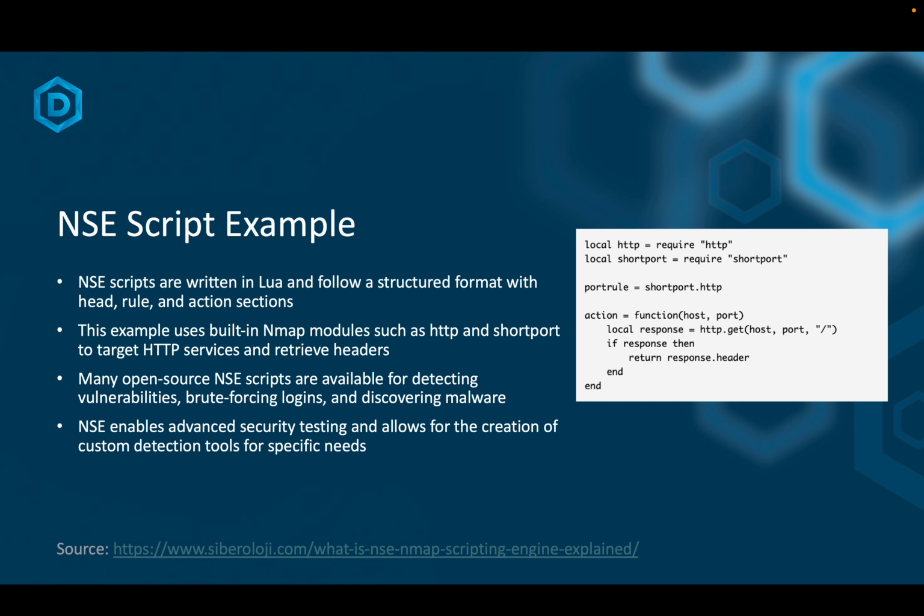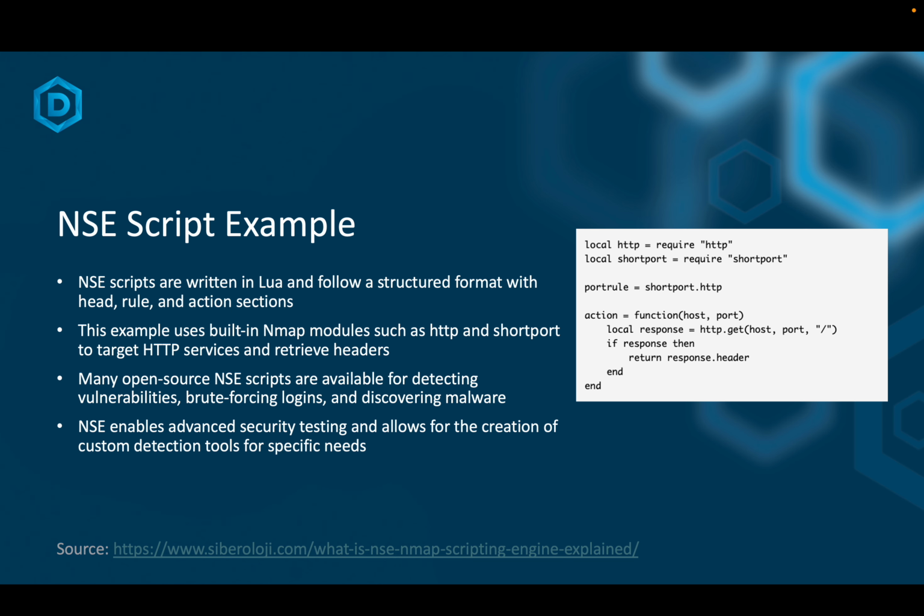So on the right here is an example of an Nmap scripting engine script. The scripts are written in the Lua programming language and follow a structured format with the head, rule, and action sections. This example uses the built-in Nmap modules such as HTTP and shortport to target HTTP services and retrieve headers.